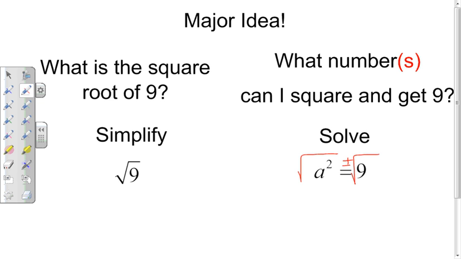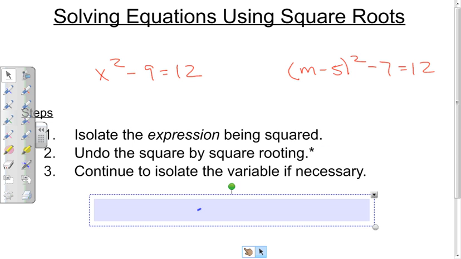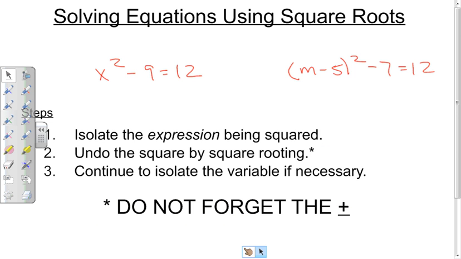So when we go back here to our steps, the big idea with this asterisk, when you undo the square by square rooting, is do not forget the plus minus options in your solutions. Okay? So let's take a look at some examples here.